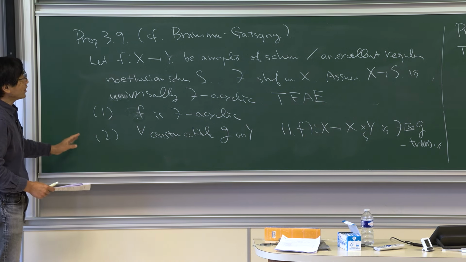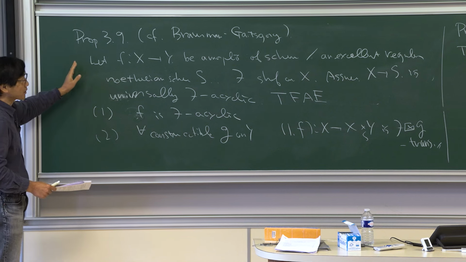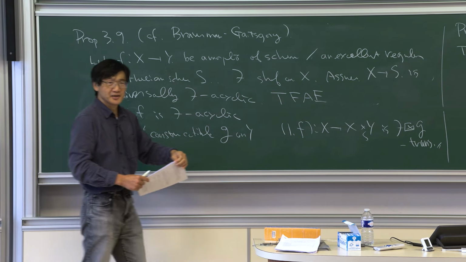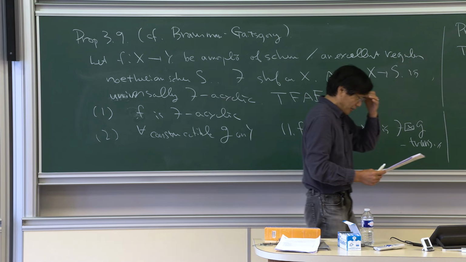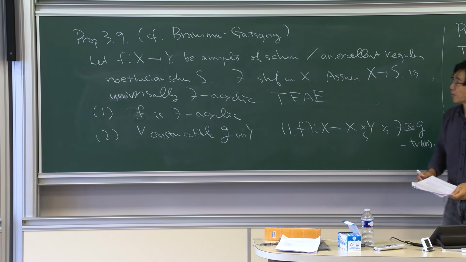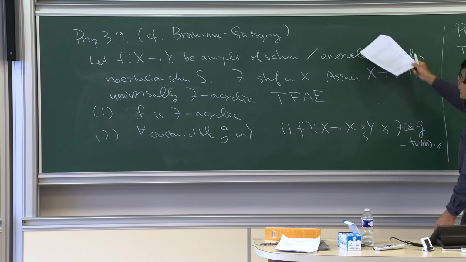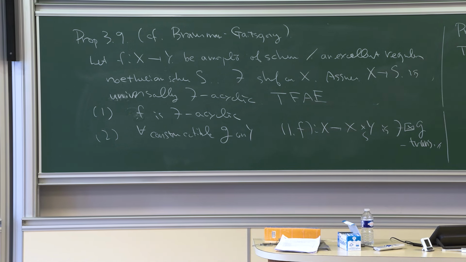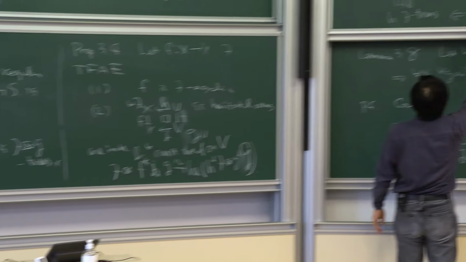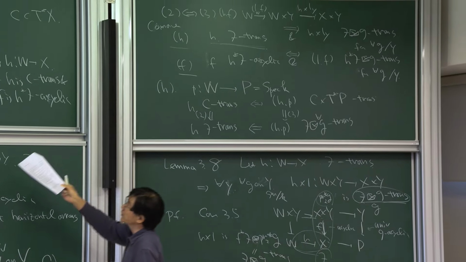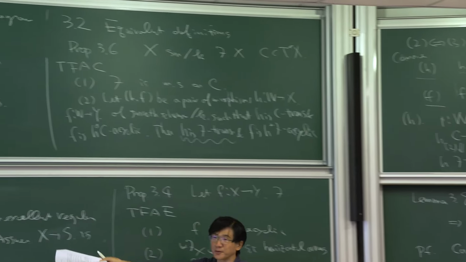So today I will not give the proof of this, but next week I think I will have time to talk about the proof. And if we admit this proposition, then we get this equivalence, and that proves the equivalence of 2 and 3.